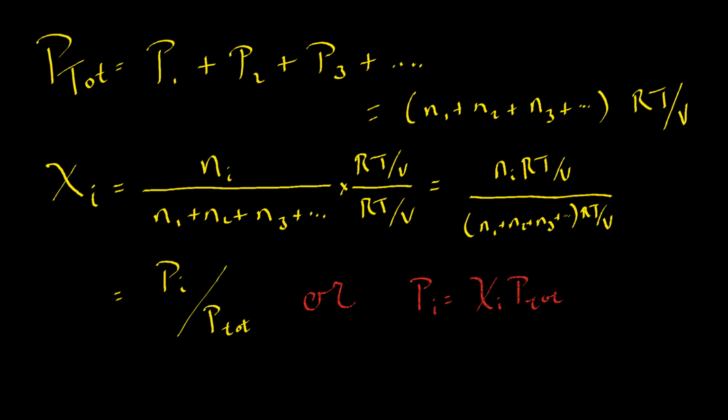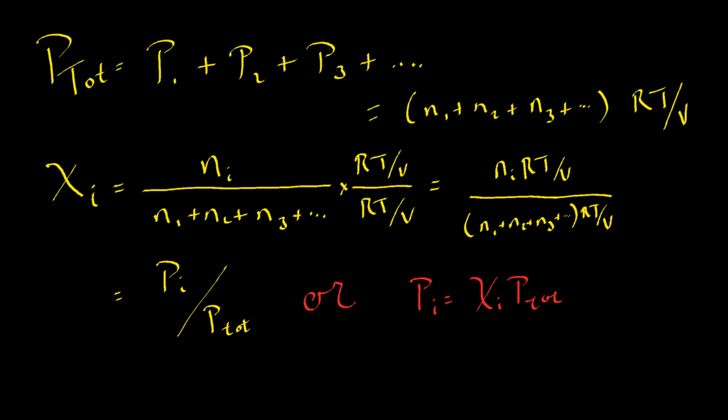Another way of looking at this is that the partial pressure of whatever gas you're looking at is equal to the mole fraction of that gas times the total pressure. So again, this can be a shortcut to measuring things. If you can measure the partial pressure for an individual substance and the total pressure, you can get the mole fraction.